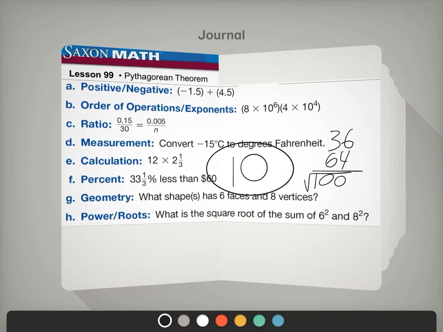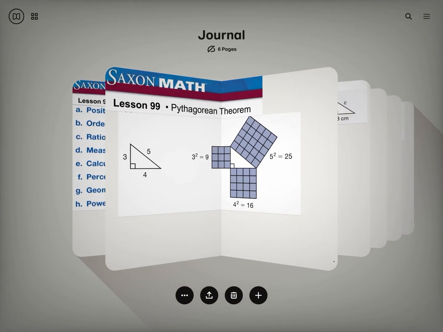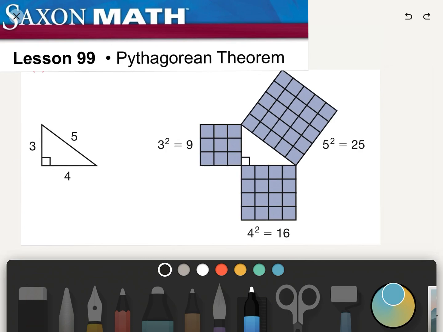All right, let's go take a look at what we're learning today. The Pythagorean Theorem. So the longest side of any right triangle, that is called the hypotenuse.